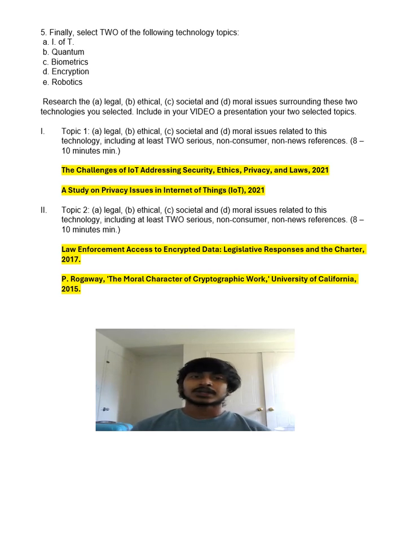To conclude, both IoT and encryption technologies present significant ethical, legal, societal, and moral challenges. Understanding these issues is crucial as we navigate the benefits and risks associated with these technologies.